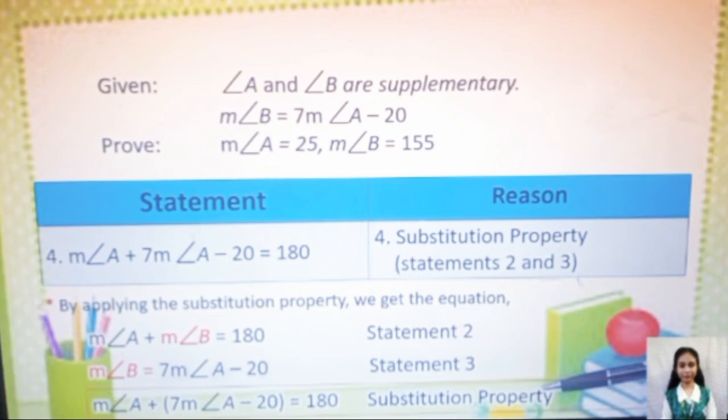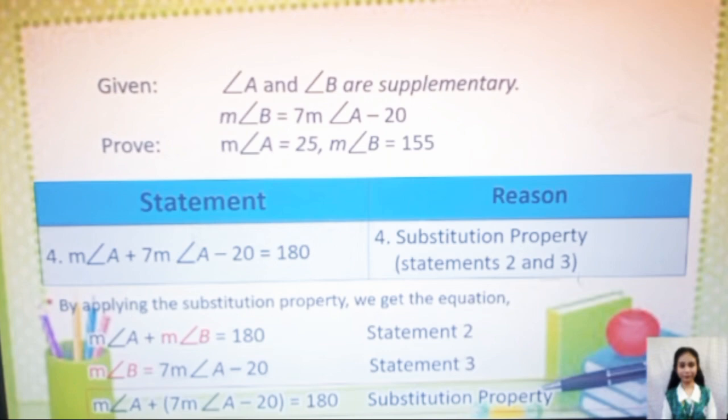Then measure of angle A plus the quantity 7 times measure of angle A minus 20 is equal to 180. Substitution property. So we substitute the value of measure of angle B with 7 times measure of angle A minus 20.